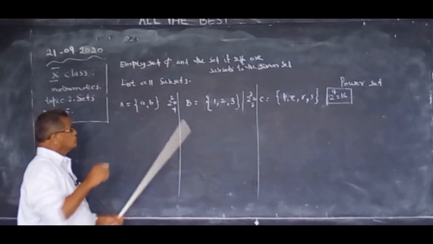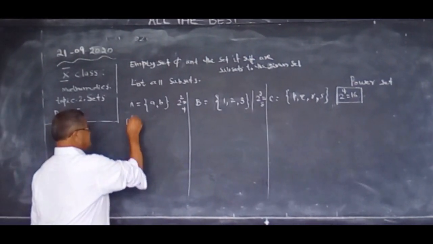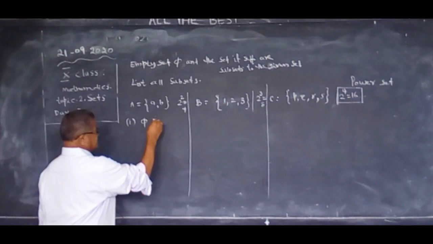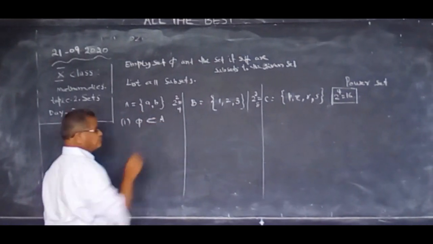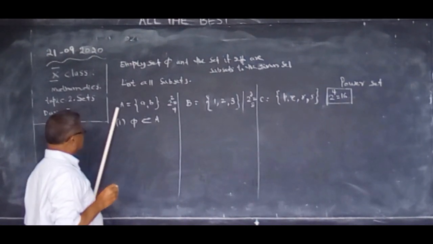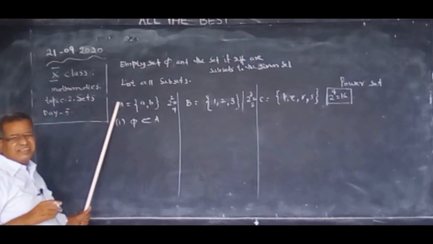So now I will write, starting first with the null set. Null set is a subset of set A. Whatever letters are given here, you write them.